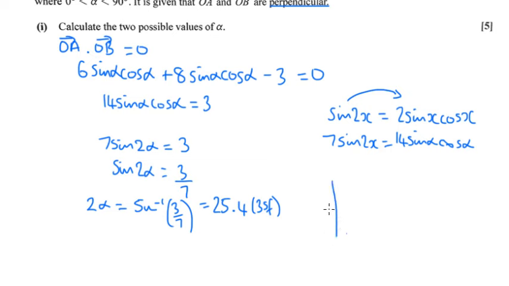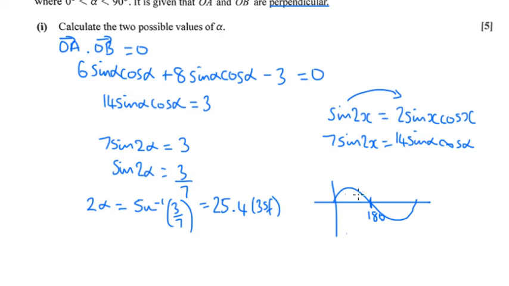But don't forget, with the sine graph, we're going to get another value before we get to 180, and we need to go to 180 because we're working with 2 alphas, so we need to double the range that we're told, because we're about to halve these numbers.